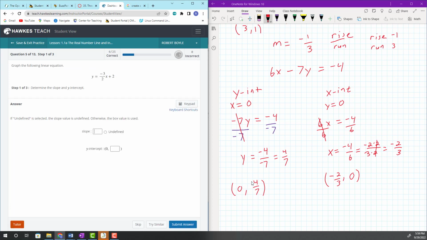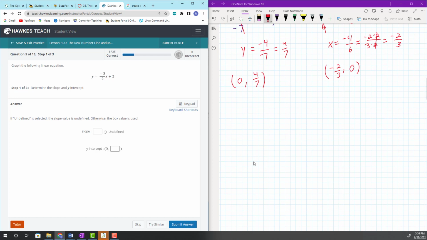Okay, here's question 5. Here we want to find the slope and y-intercept for this particular equation. All right, so what do we have? We have y is equal to -3/2 x plus 2. Also notice that this equation is in slope-intercept form.